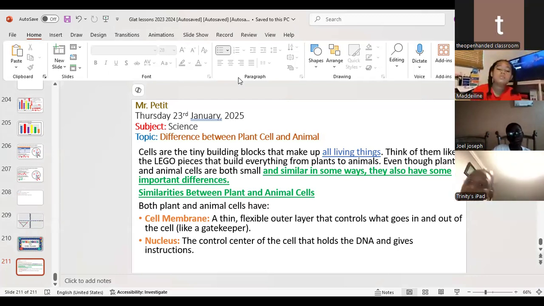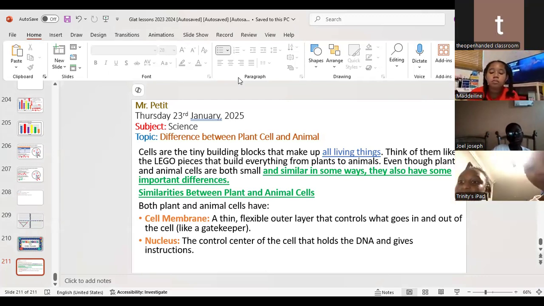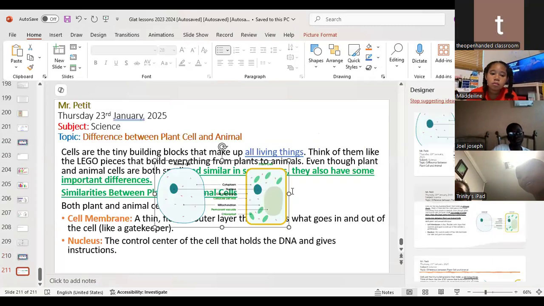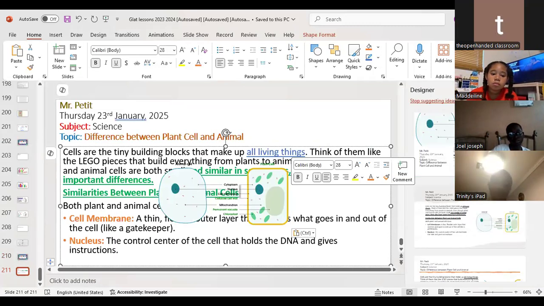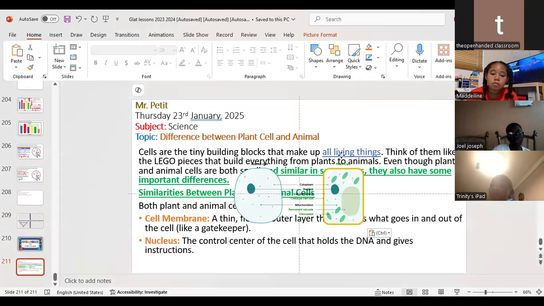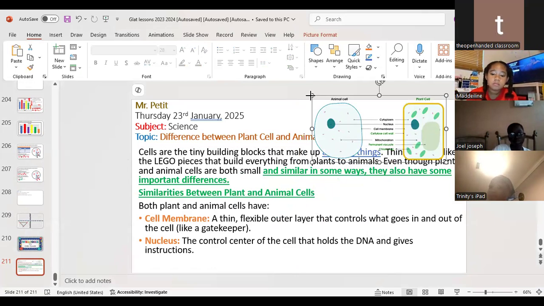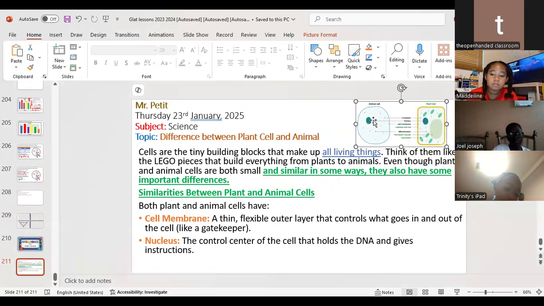Nucleus: the control center of the cell that holds the DNA and gives instructions. Very good. So it gives instructions and it holds the DNA. And so what we have here is the two cells right now. Let me put it on the side.